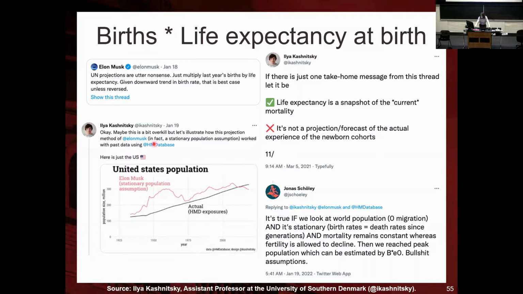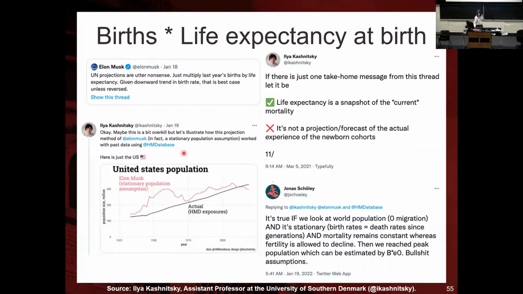His point here, maybe this is a bit overkill, but let's illustrate how this projection method of Elon Musk, actually a stationary population assumption, worked with past data using the Human Mortality Database. And I showed you in previous classes the website of the Human Mortality Database. So Ilya Kashnitsky got real mortality data from several countries.